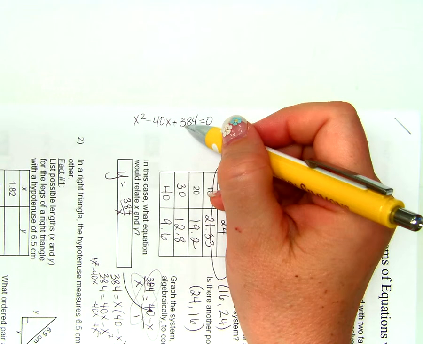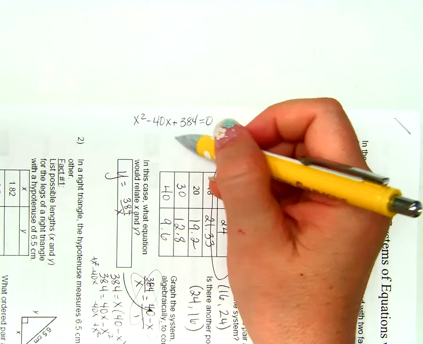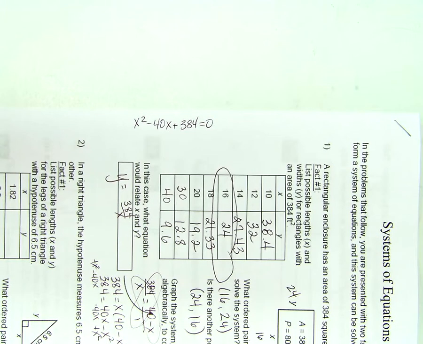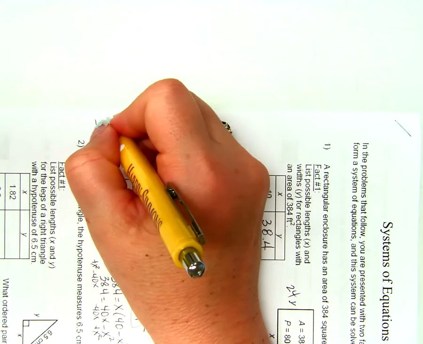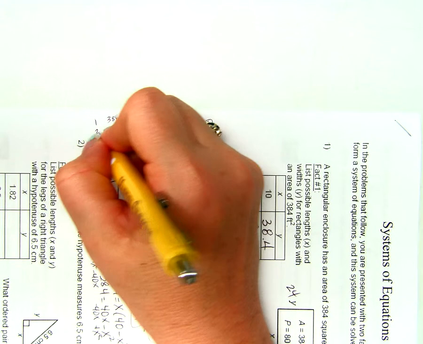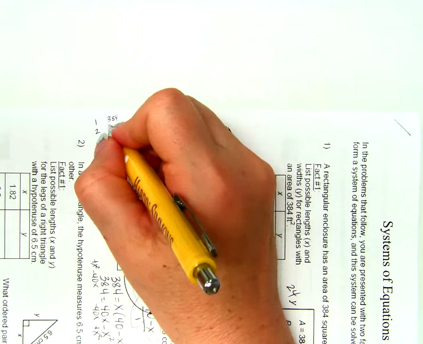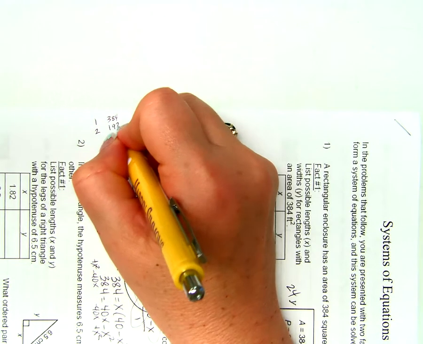Okay, so you want to factor? I have to figure out multiples of 384 that give me a sum of negative 40. Is that possible? If they're both negative, right? 1 and 384, 2 and 192.